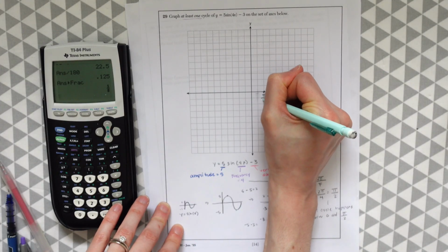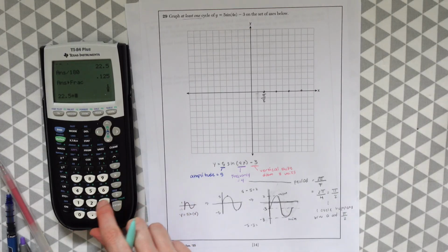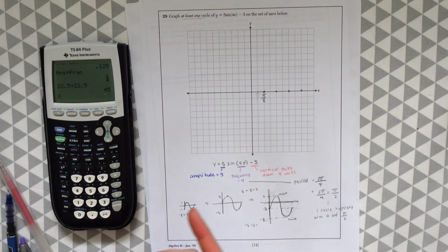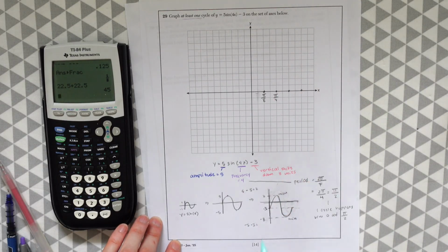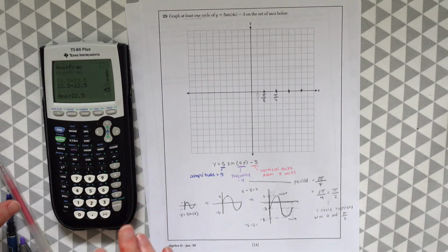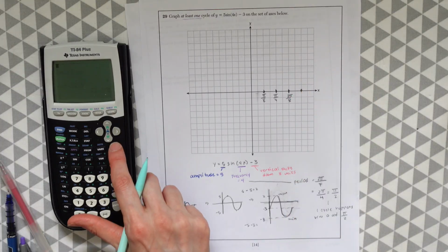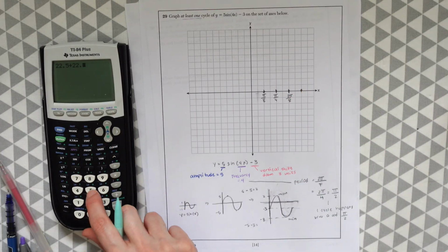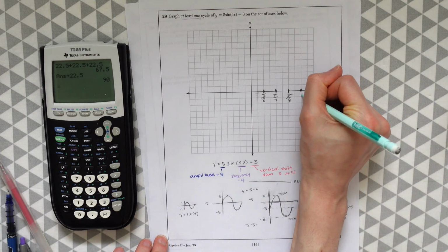So over here is pi over 8, and then 22.5 plus 22.5, 45 degrees, which we know is pi over 4. And then if you added another 22.5, you'll see you get 90 degrees, which is pi over 2.